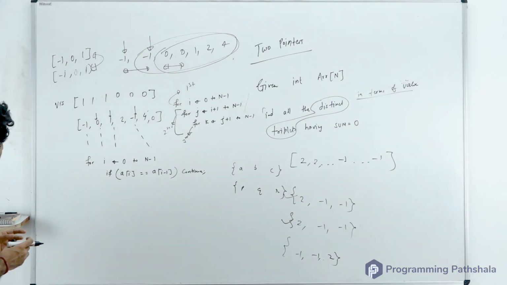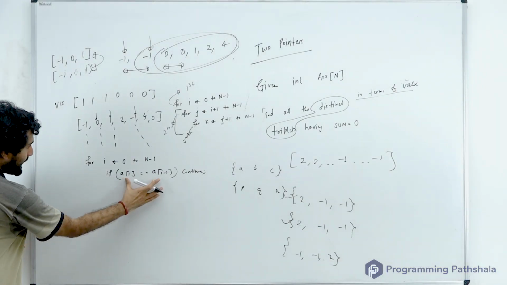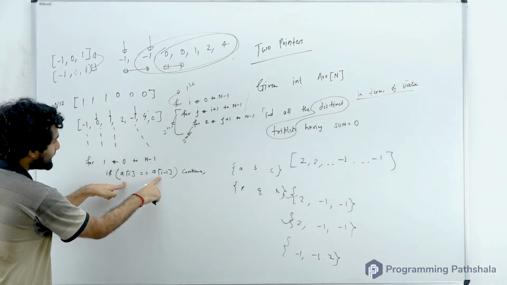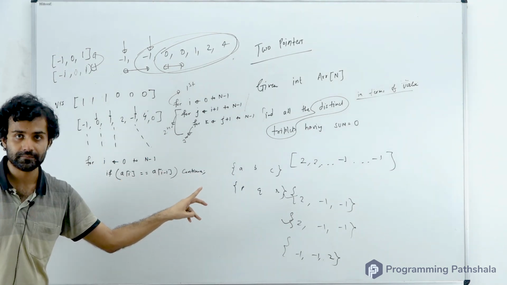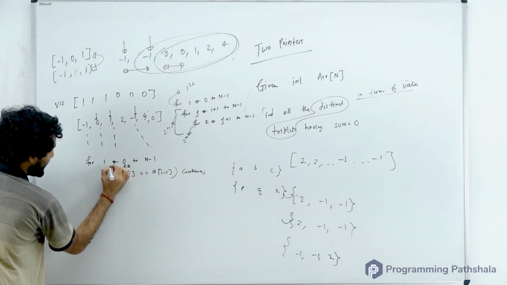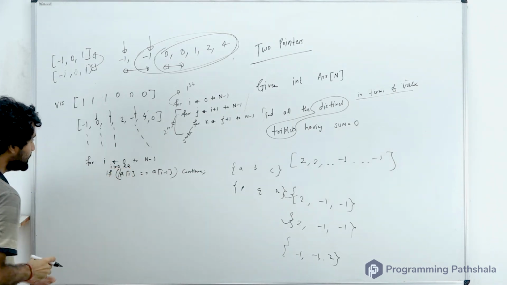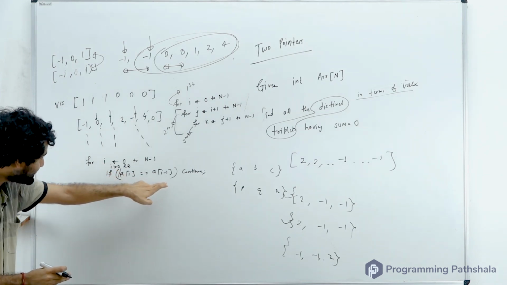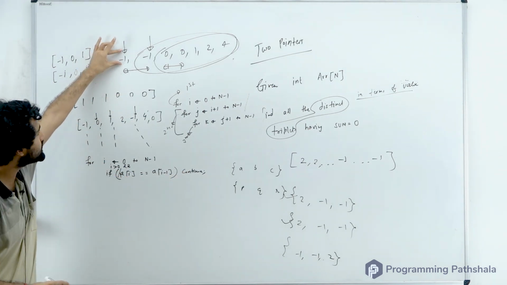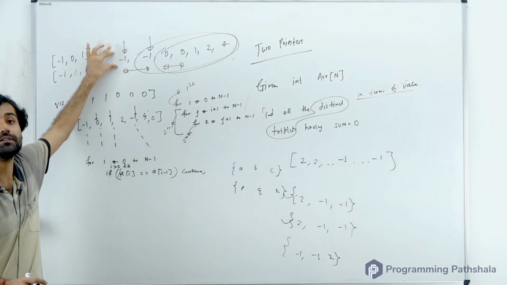Now an important thing to understand over here is that there can be an edge case, because a of 0 can get compared to a of 0 minus 1. So there should be one AND condition over here, that I is positive. If I is positive and this is the case, then only I'll continue, because if I is 0, that means this is the first element and this is being seen for the first time.